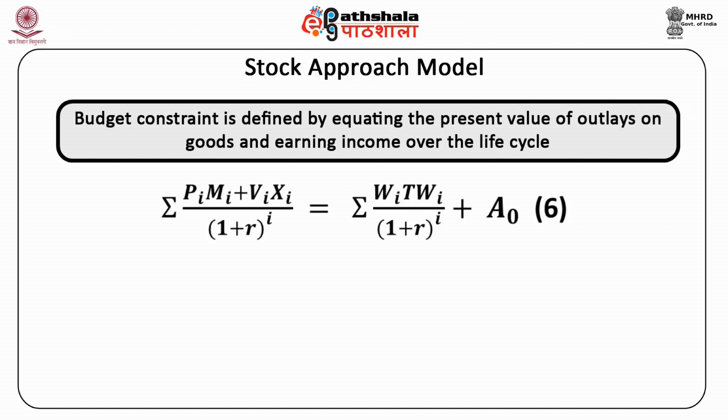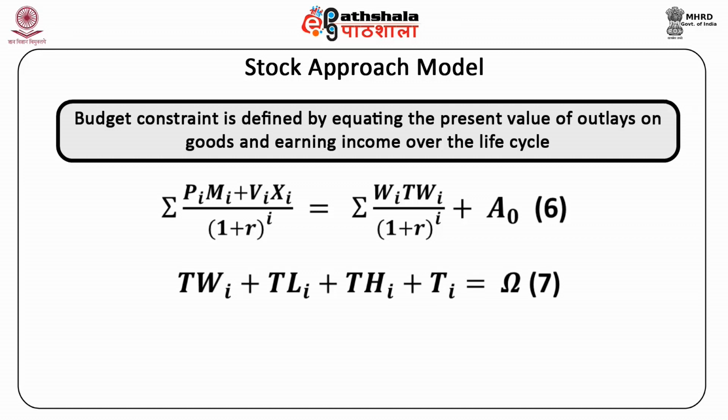Here Pi and Vi are prices of Mi and Xi respectively, Wi is the wage rate, TWi is hours of work, and A0 is property income.